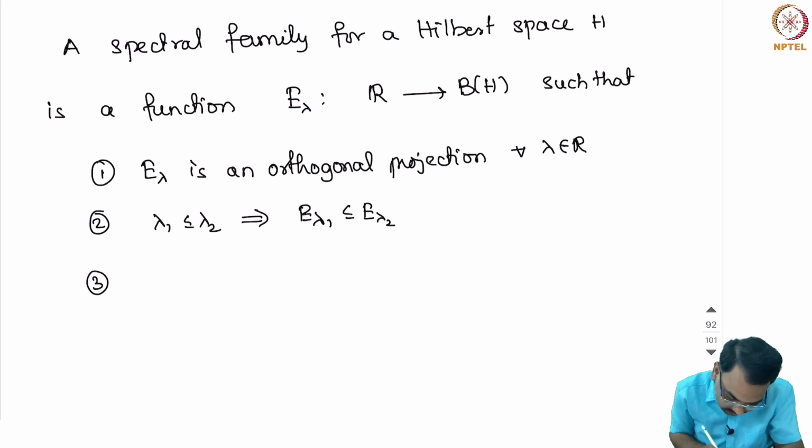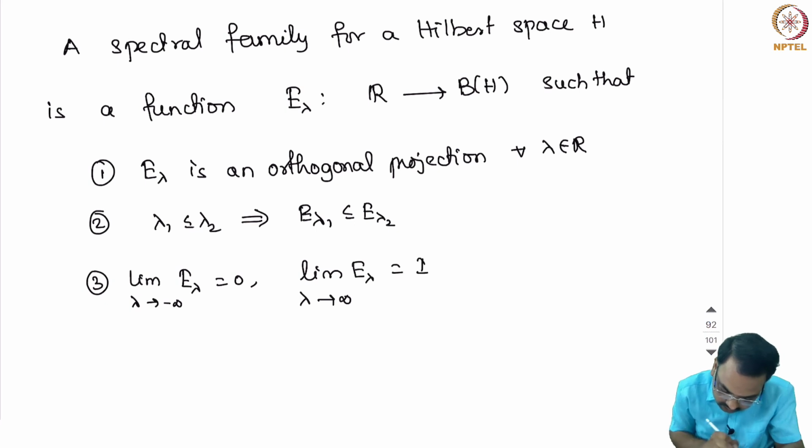Okay, so before that we can say that the limit of E lambda as lambda goes to minus infinity is 0, and the limit of E lambda as lambda goes to plus infinity is the identity operator.